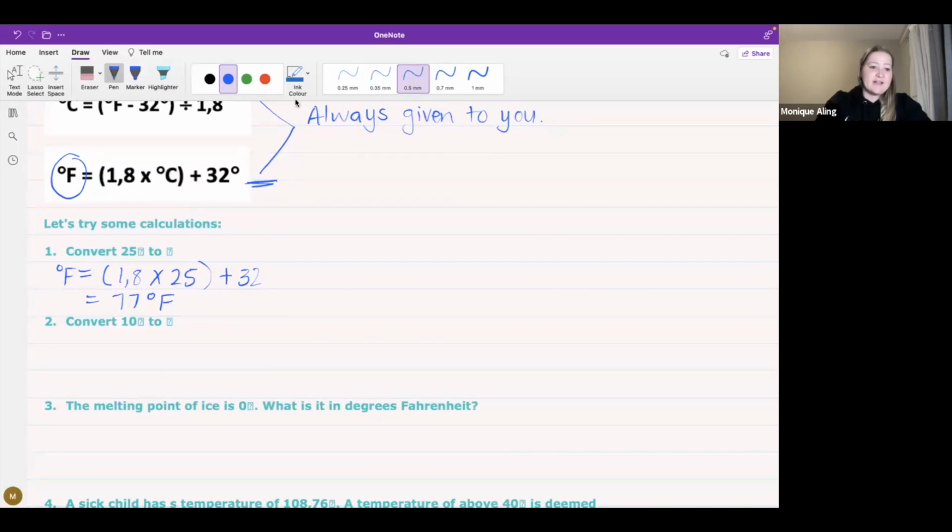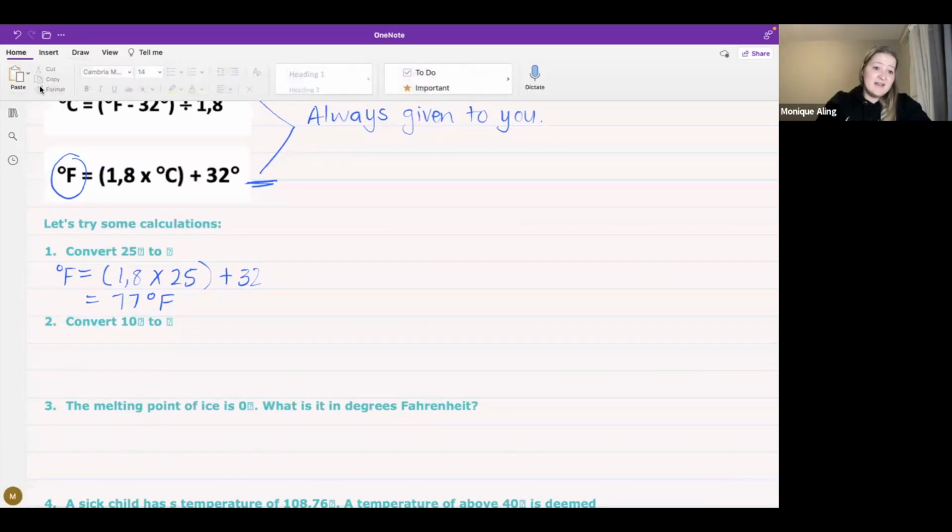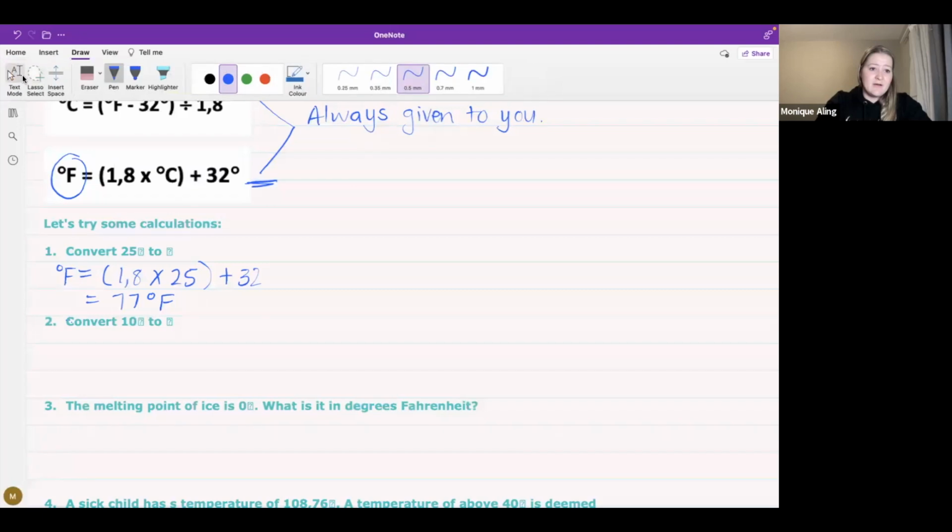Awesome. Okay, so I don't know why the symbols keep disappearing. Give me 2 seconds.